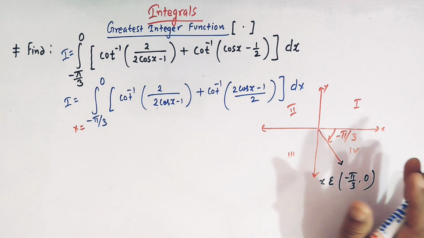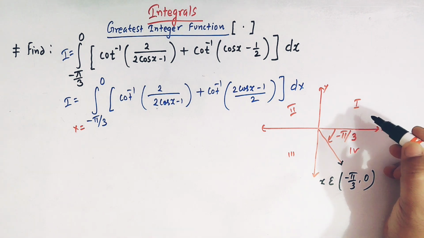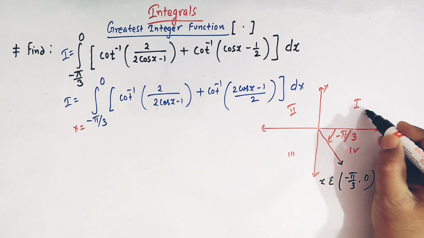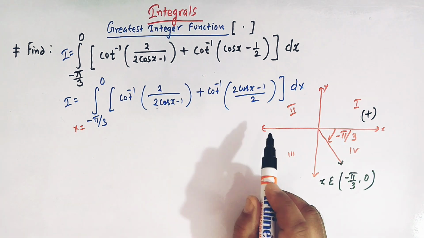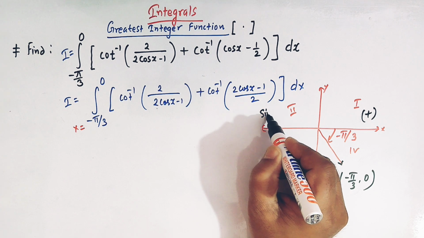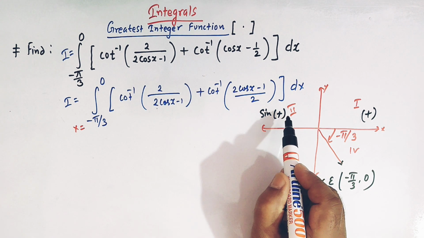From the sign convention of trigonometric functions, we know that in the first quadrant all the trigonometric functions are positive. In the second quadrant, the sine function is positive and the other trigonometric functions are negative.